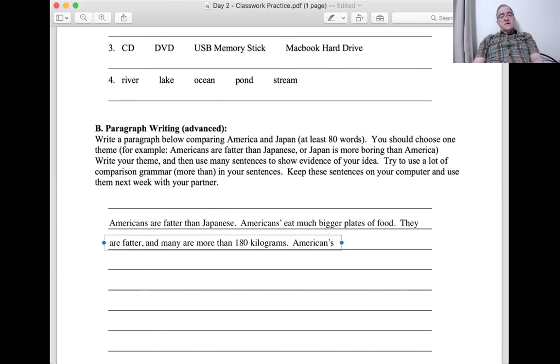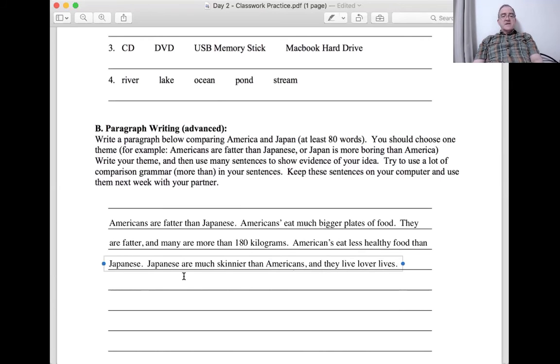Americans eat less healthy food than Japanese. Japanese are much skinnier than Americans, and they live longer lives.